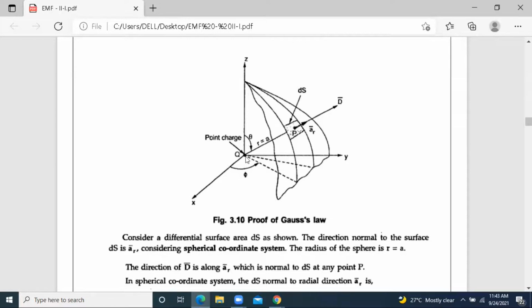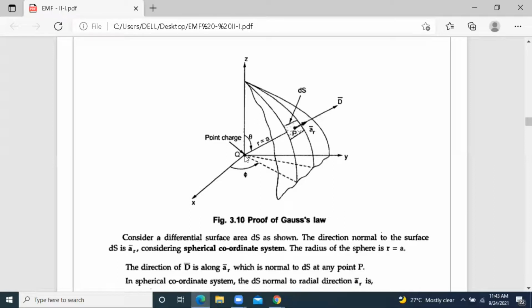You're going to have the electric field on one side, well, on any side, it's going to vary.